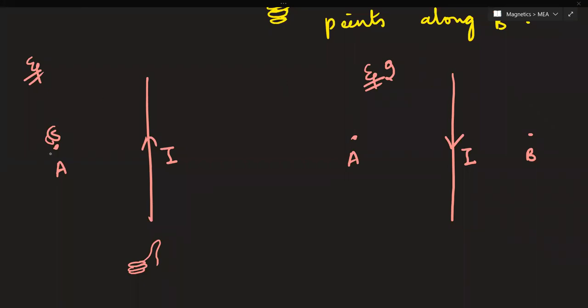Try once again. If you place your thumb over here, your palm will look somewhat like this. Palm is pointing towards you right now. Fingers are closed. Look at the curvature of the fingers. Is it going outward or inward right now, at this point?